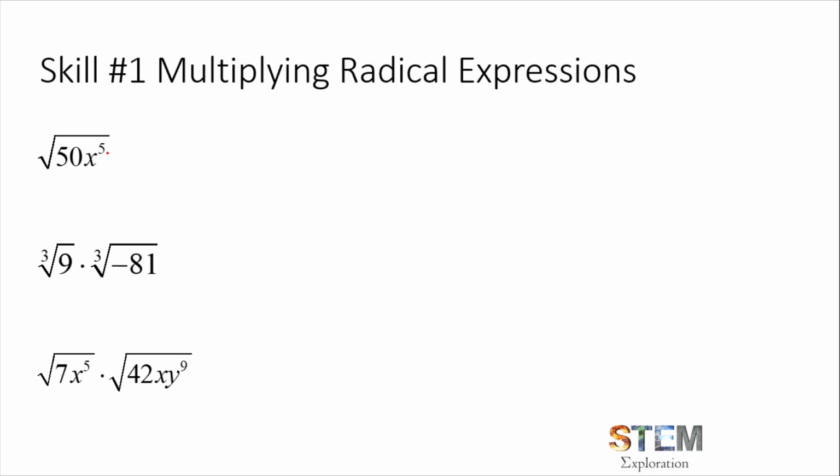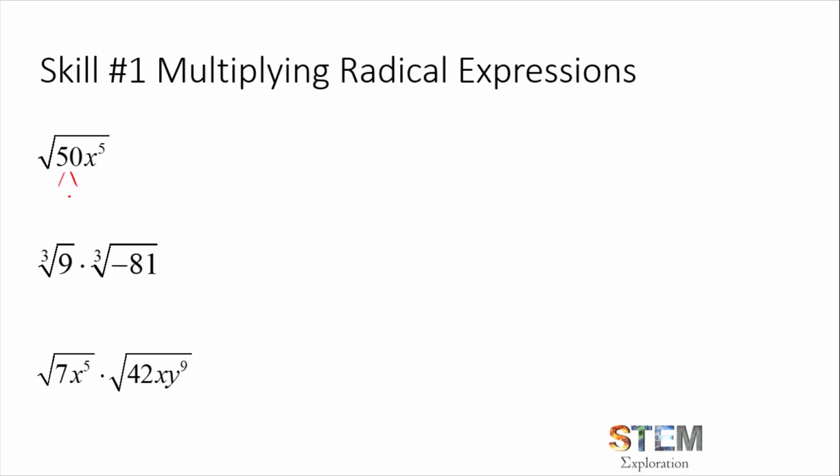Now, unlike the previous video, this one will include examples where things are not perfect squares or perfect cubes. So, for example, the square root of 50x to the fifth, and we need to simplify, assuming that all variables are positive, we can split this up accordingly.